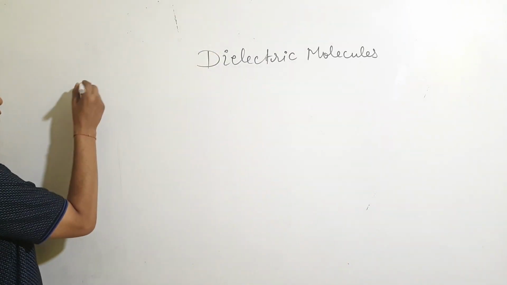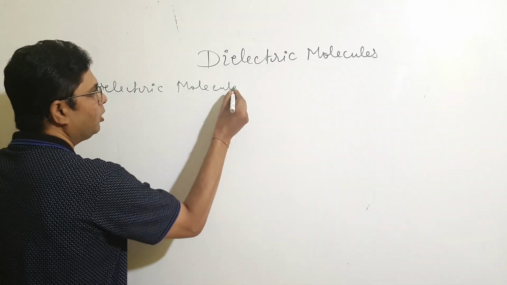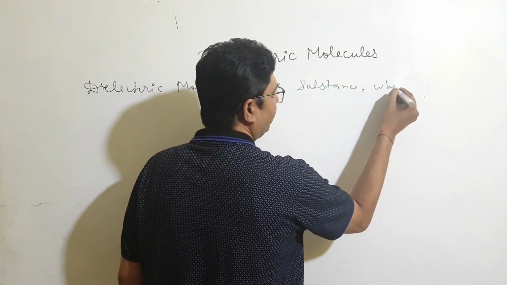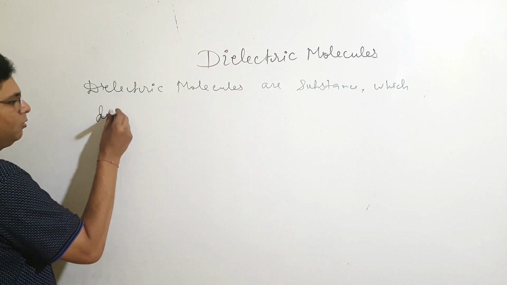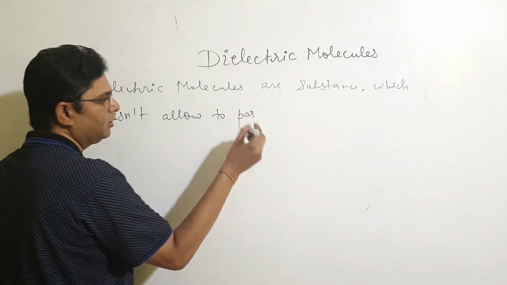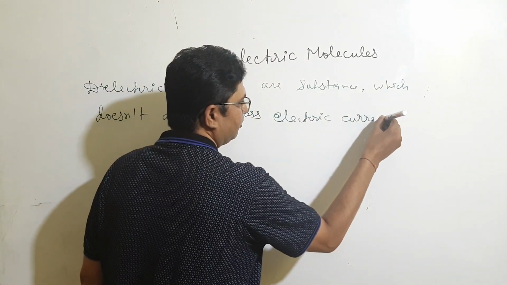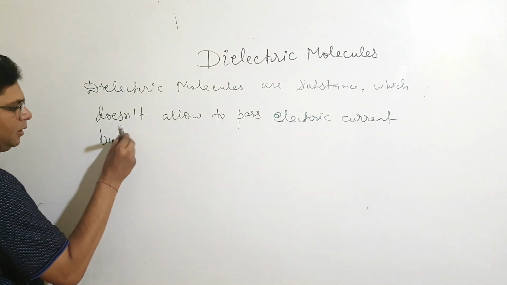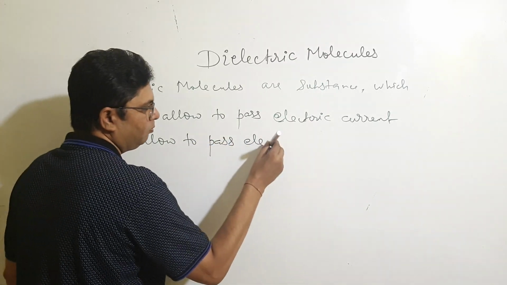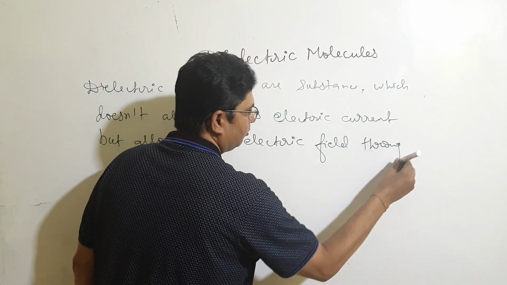So, dielectric molecules are substances which do not allow electric current to pass, but allow electric field to pass through them.